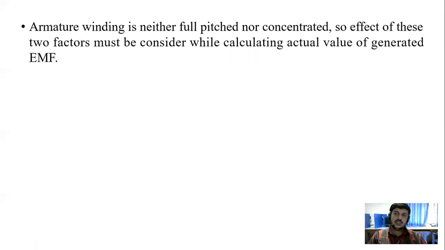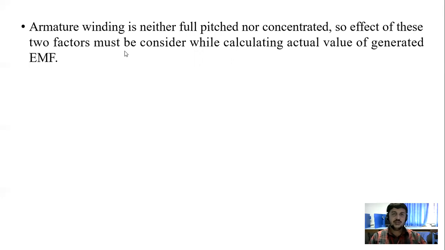So we have to consider the effect of these two winding design factors while calculating the actual value of generated EMF. As the coil is distributed, definitely that will decrease the magnitude of induced EMF from its ideal value. Again, as the coil is short pitch, the induced EMF magnitude also gets reduced from its ideal value.